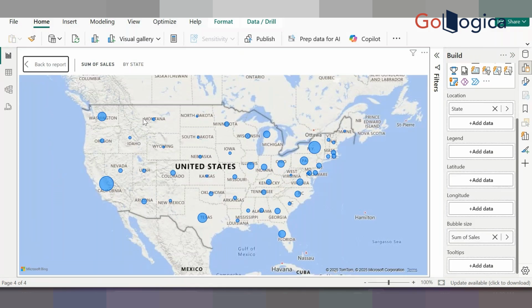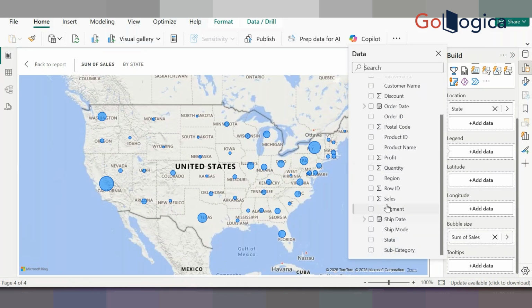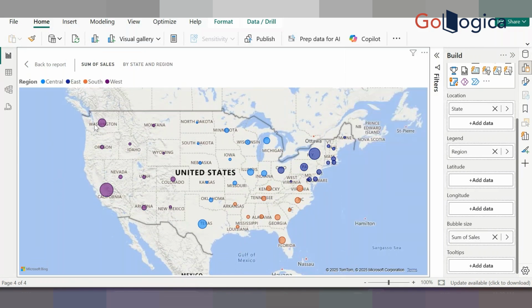I want to show the sales as well as the profit. Here we have legends. Legends are like dividing the data. Now we have four regions, no? East, West, Central, and South. You want to see region-wise how they have been performing? You can add the legends here as region, and we can see the same thing.